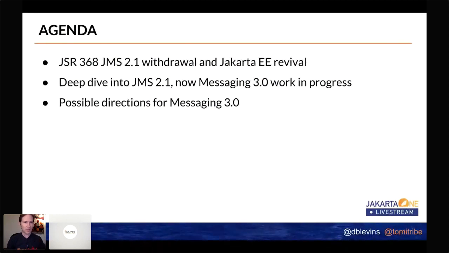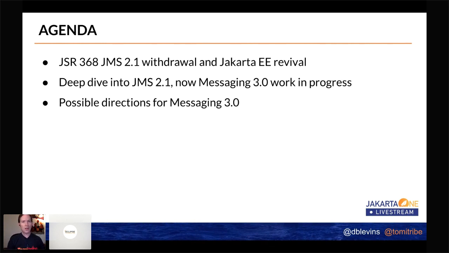getting confused. So at a high level, we're going to take a look at where things left off in JMS 2.1, and what our options are for what is now called Jakarta Messaging under the Jakarta EE space.